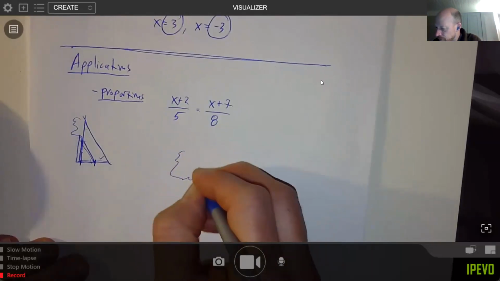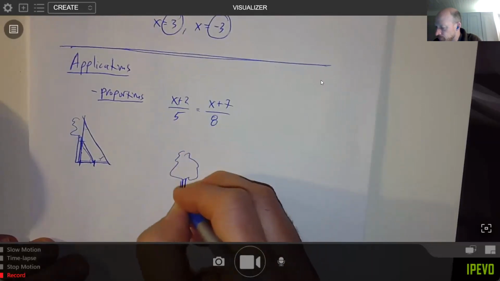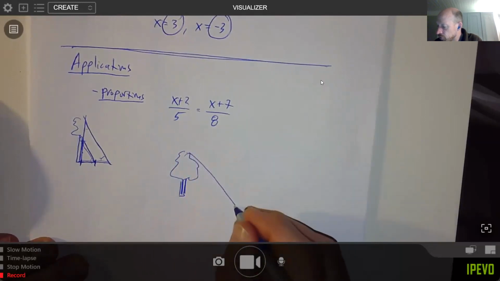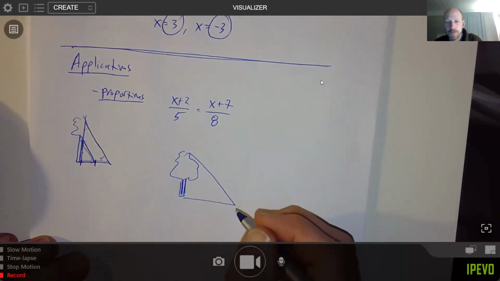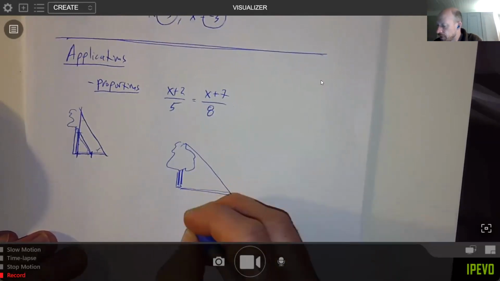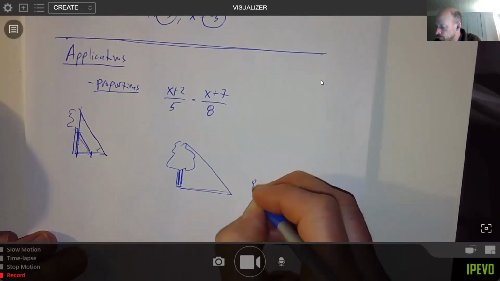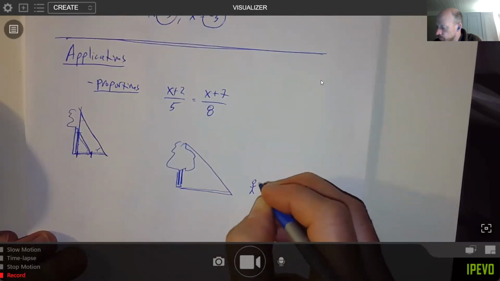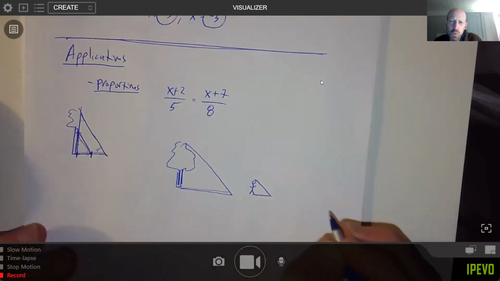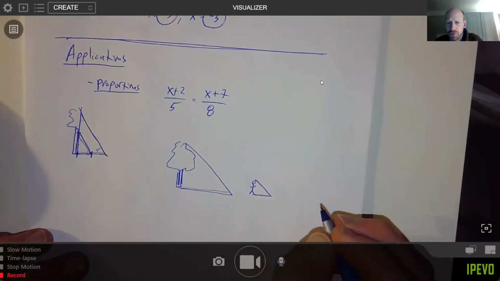and you had, let me draw a better picture. Well, I don't know if it's better or not, but you have a tree, the tree casts a shadow on the ground, and you can measure the length of that shadow. And if you have a person, that person also casts a shadow, or some object that you know the height of.